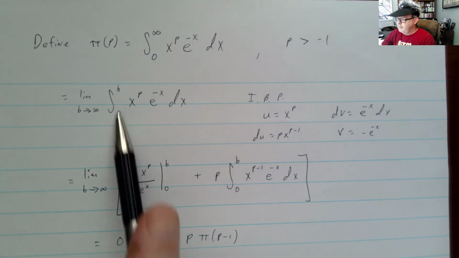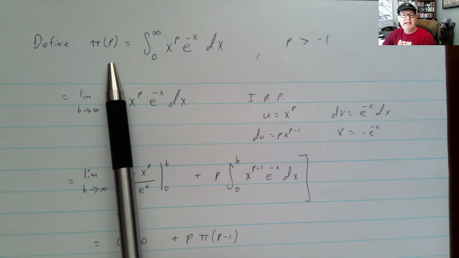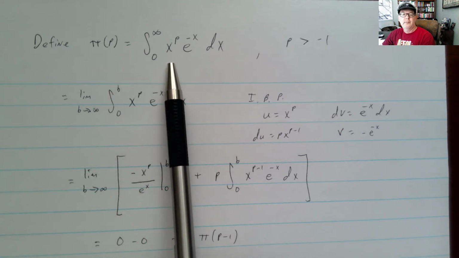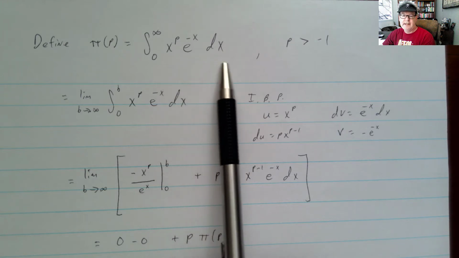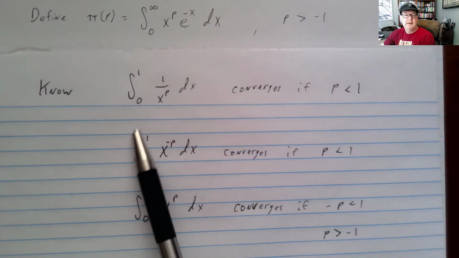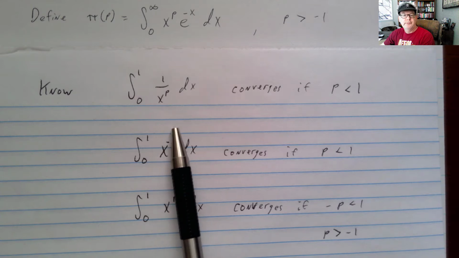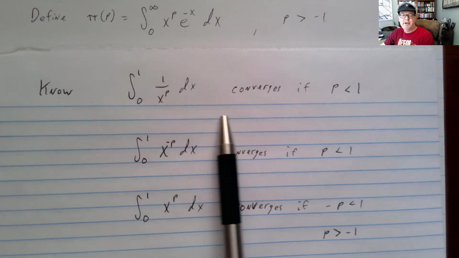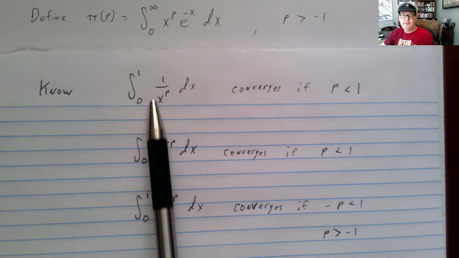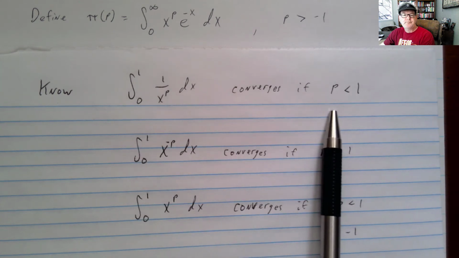In fact, if we do pi of p as the integral of 0 to infinity x to the p e to the negative x dx for p greater than negative 1, because you should know for improper integrals, 1 over x to the p will converge on this integral 0 to 1 if p is less than 1.